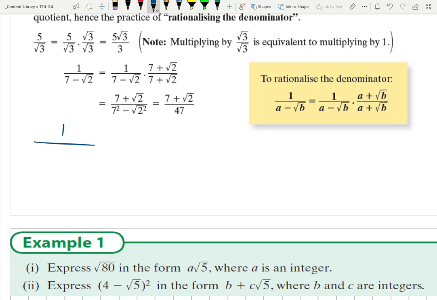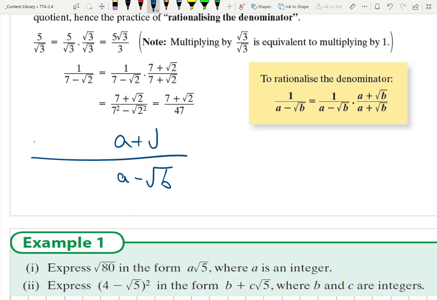If you have a compound surd under the line, you want to multiply it above and below by its conjugate.